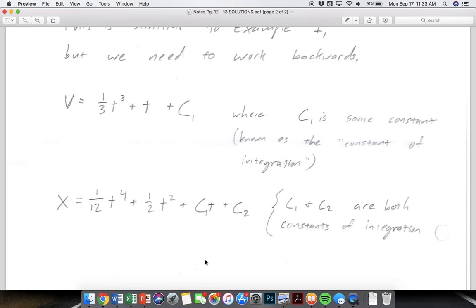So if it began with no velocity, and you plug in 0 for t, then we can solve for c1. We know that c1 has to be 0. If it began with some value of velocity, then actually that's what c1 would be, our initial velocity. Same thing with position. If they tell you the initial position, you can plug in 0 for t and solve for c2, your initial position.